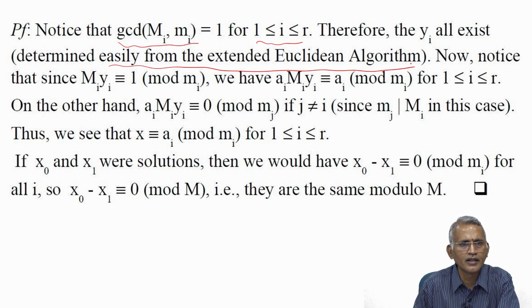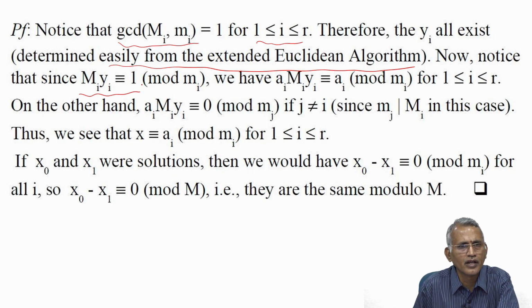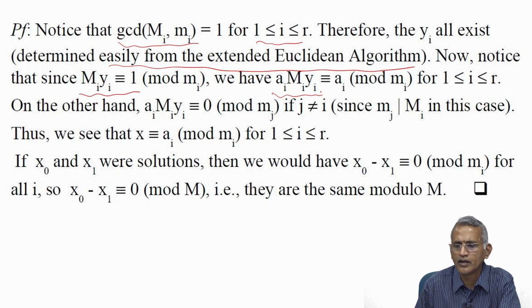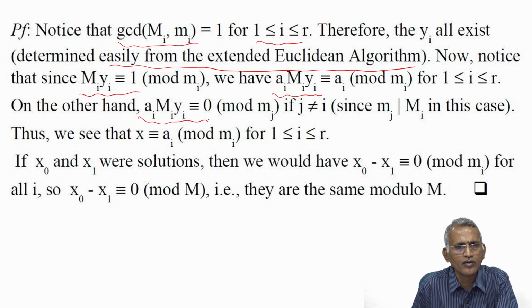So, we notice that Mi into yi is identically equal to 1 under modulo mi. We have ai into Mi into yi identically equal to ai under modulo mi for 1 less than or equal to i less than or equal to r. On the other hand, ai into Mi into yi is identically equal to 0 under modulo mj if j is not equal to i, since mj divides Mi in this case.